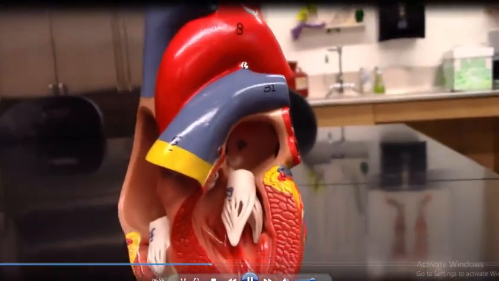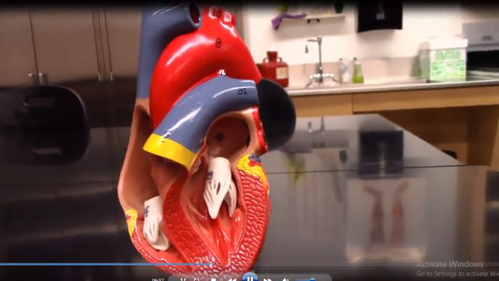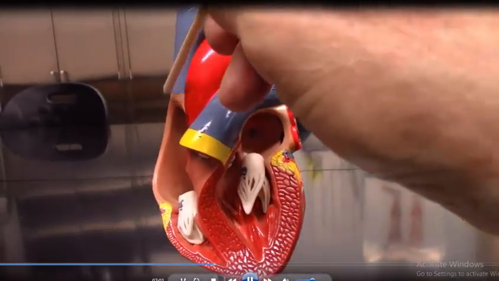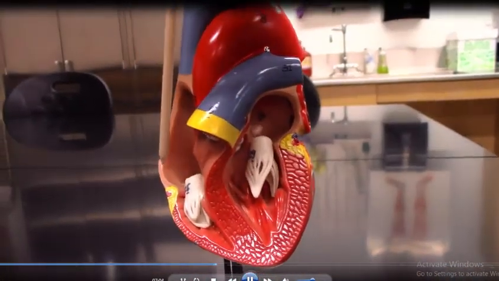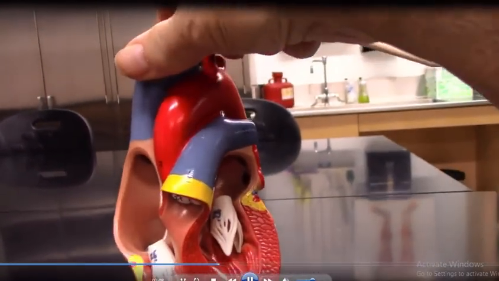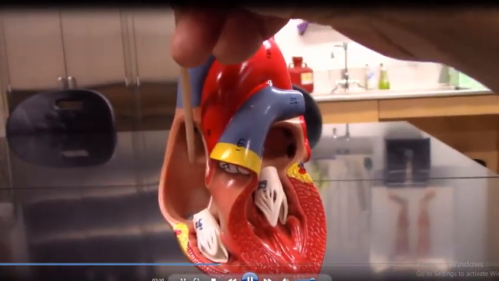And the route of blood through the heart is like this. It comes in first to the right atrium. Let me angle that a little bit so you can see the right atrium.